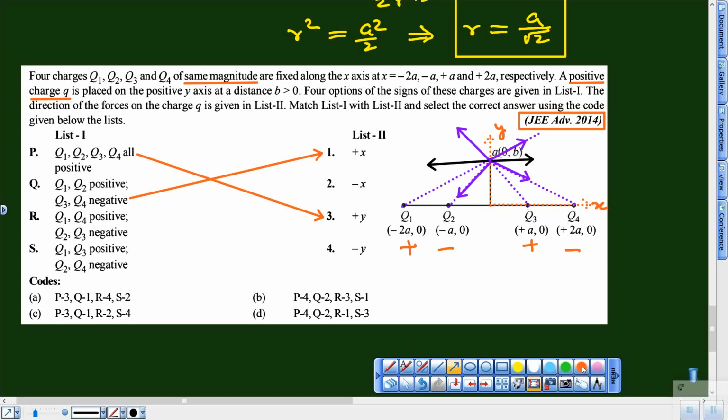And hence, as I said earlier also in the second part maybe, the resultant of these two black forces dominate in the leftward direction. Right? So that should be minus x. So I think for S, the answer should be 2. So this is how it is.